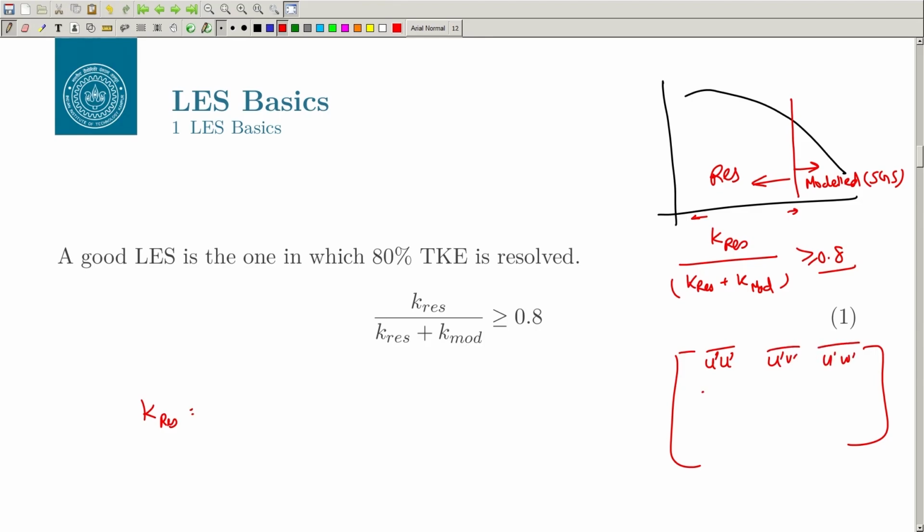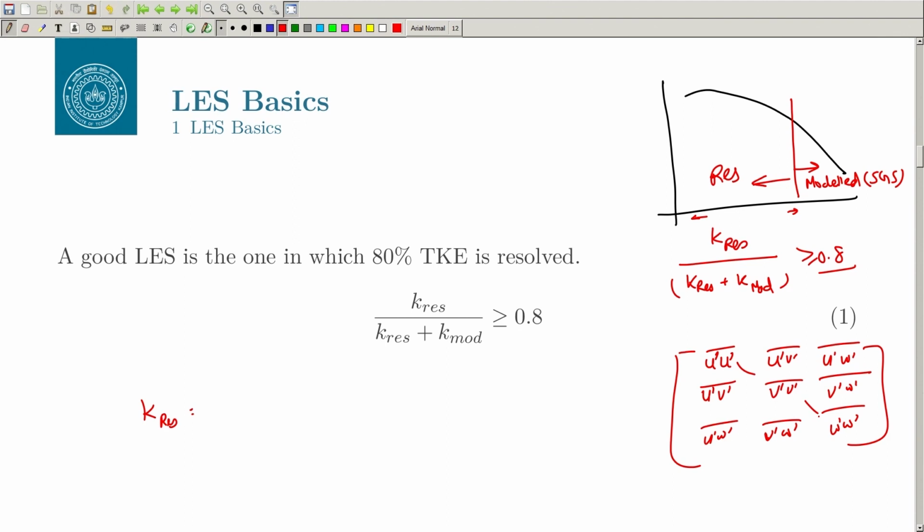Because it is symmetric, this will be u prime v prime bar, v prime v prime bar, v prime w prime bar, and this will be u prime w prime bar, v prime w prime bar and w prime w prime bar. So, this is your stress tensor, and you can relate it to the standard tensor. And these diagonal elements basically represent the turbulence kinetic energy.